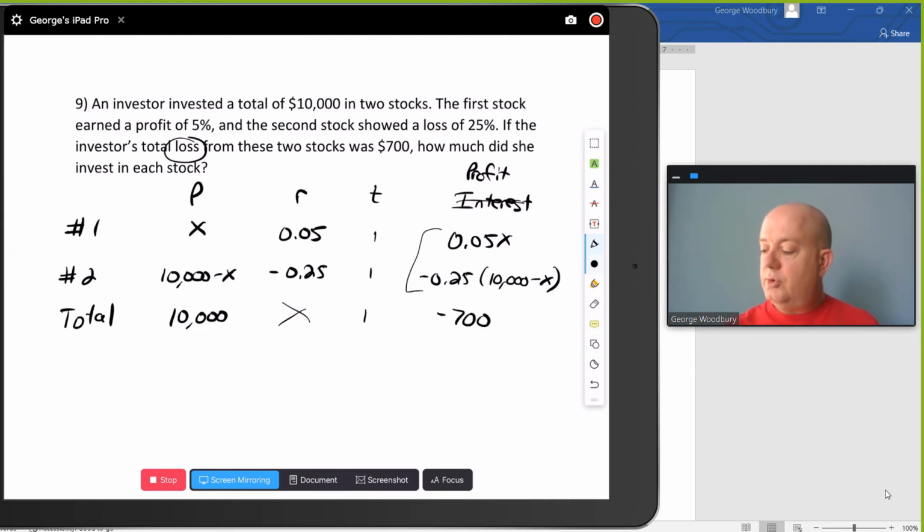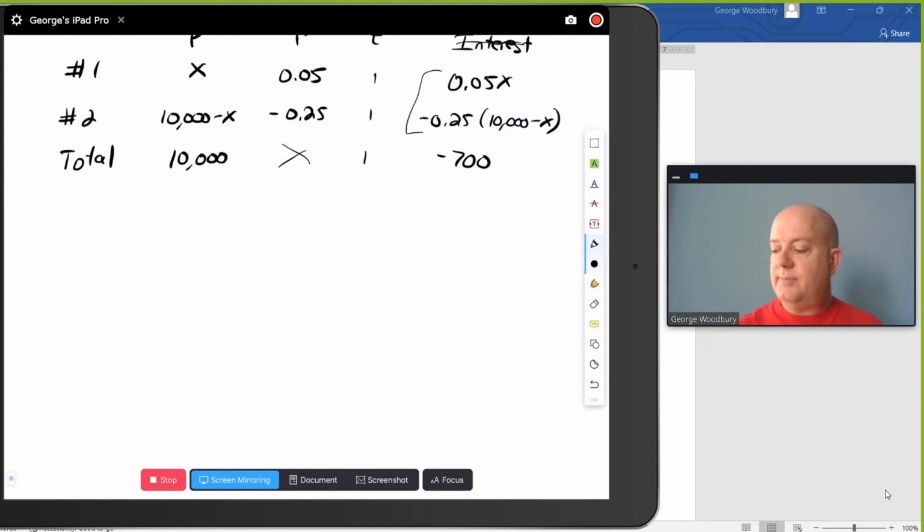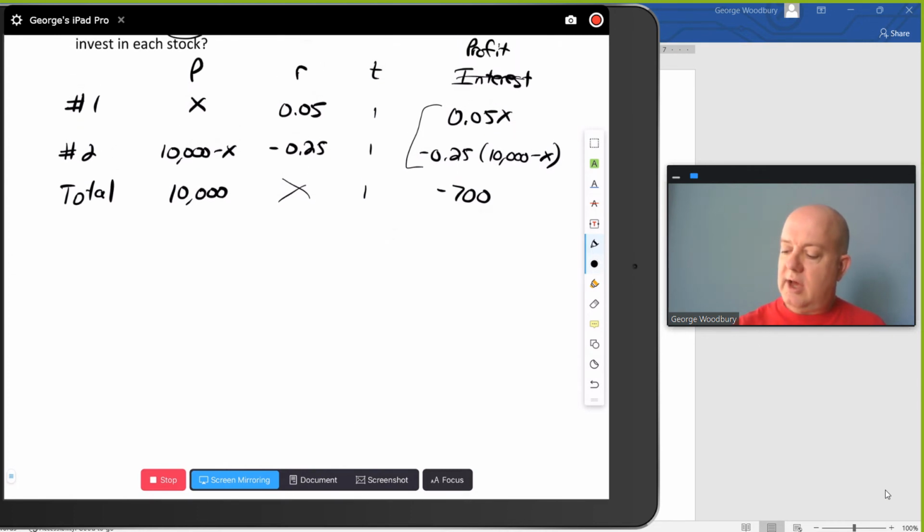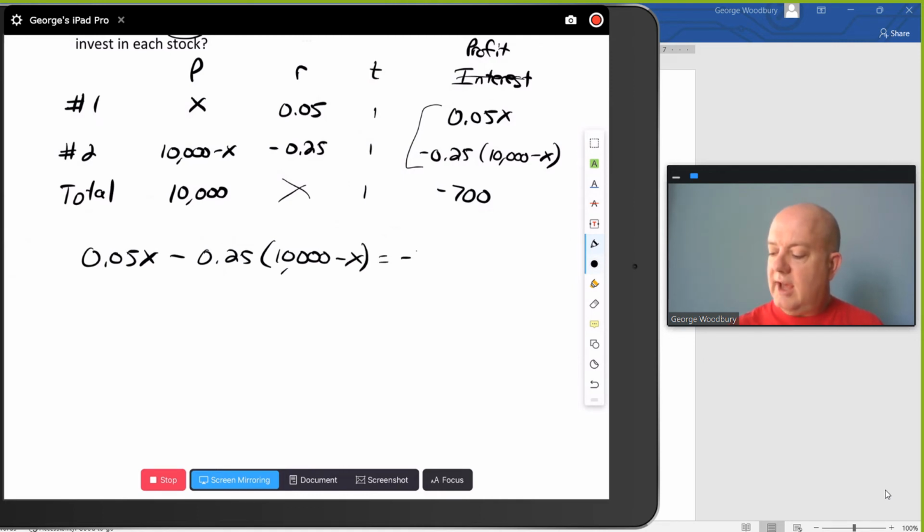Again, the first two, when we combine those, find their sum, it will equal negative 700. That's our equation. So let's write that down. 0.05x minus 0.25 times 10,000 minus x equals negative 700.